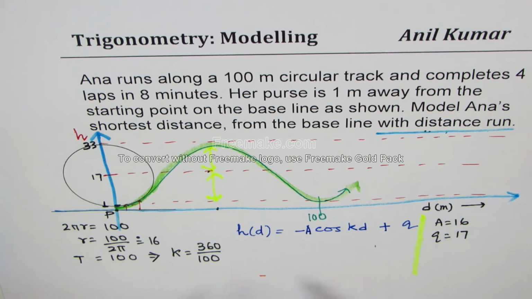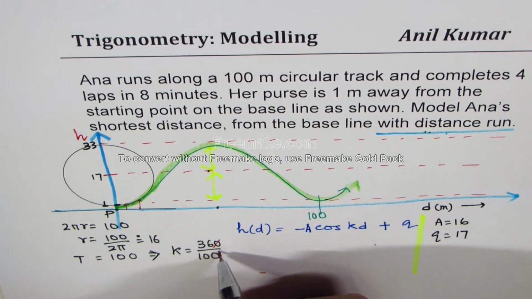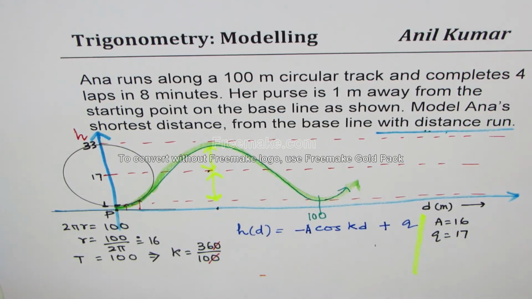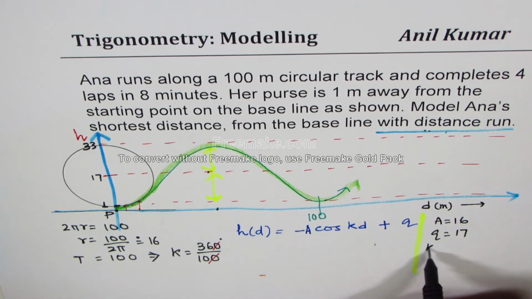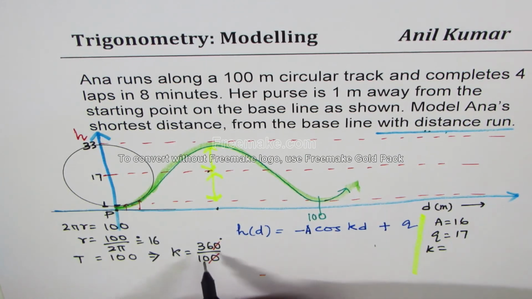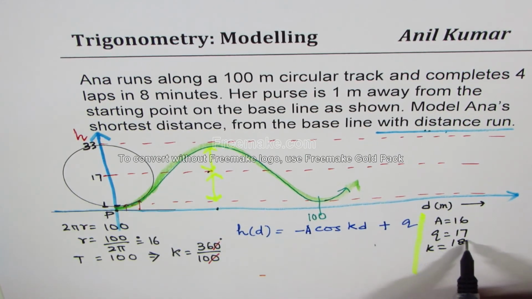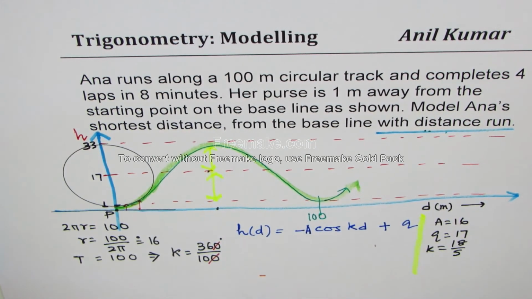So substituting these values, let's simplify this. Let's keep fractions. There's no point rounding this to whole numbers, otherwise you'll get very wrong results. We're working in degrees, 360 degrees divided by 100. You could divide by 2 and write k equals 18 over 5. Is it okay? 18 over 5.